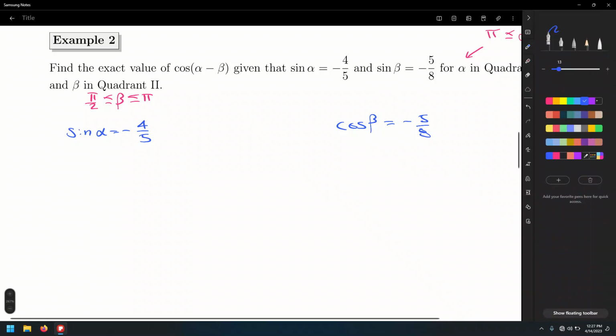That is, okay, let's draw a Cartesian plane first. And draw a triangle, and well, this is going to be our alpha angle. And well, here is where SOHCAHTOA comes into play. So sine, which is opposite over hypotenuse, opposite is negative 4 and hypotenuse is 5.